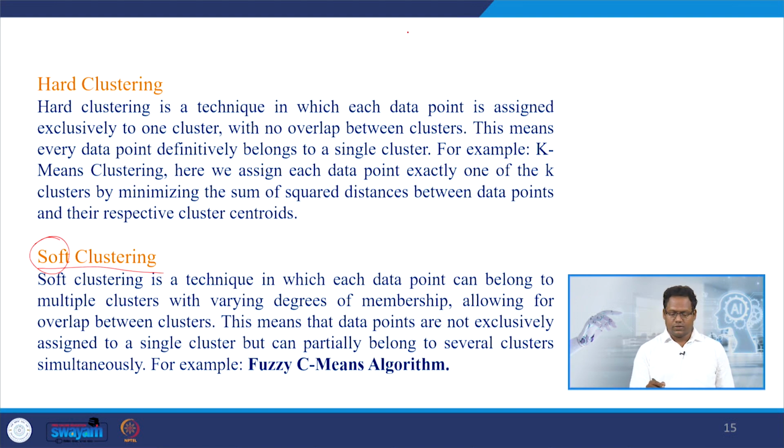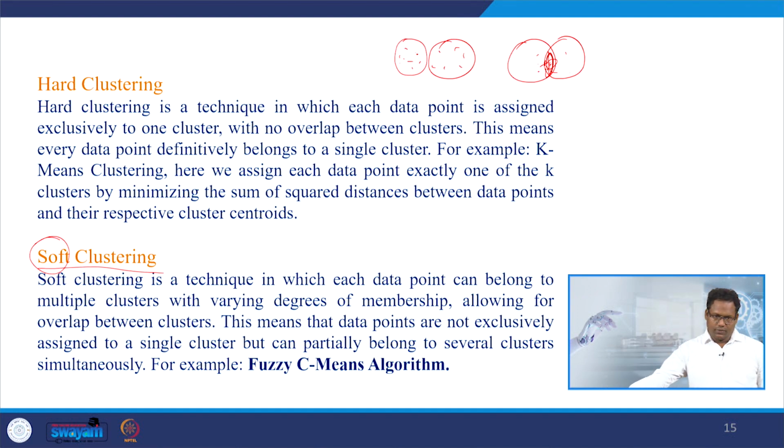In the case of hard clusters, each data point is assigned like this, whereas in soft clustering we have this. So, the data points here belong to multiple clusters. For example, in fuzzy C-means clustering we have soft clustering, which means the data points belong to more than one cluster simultaneously.